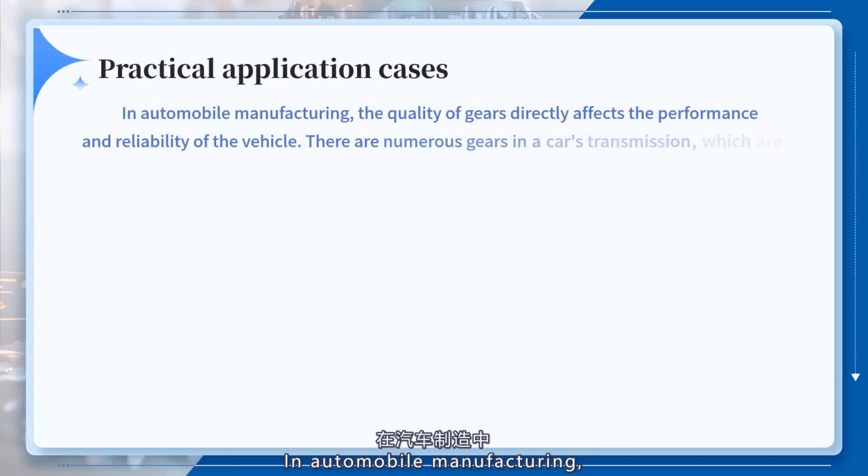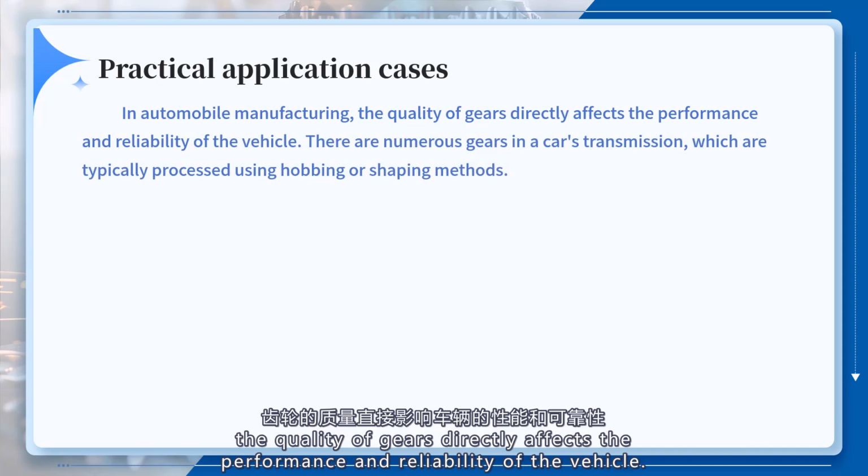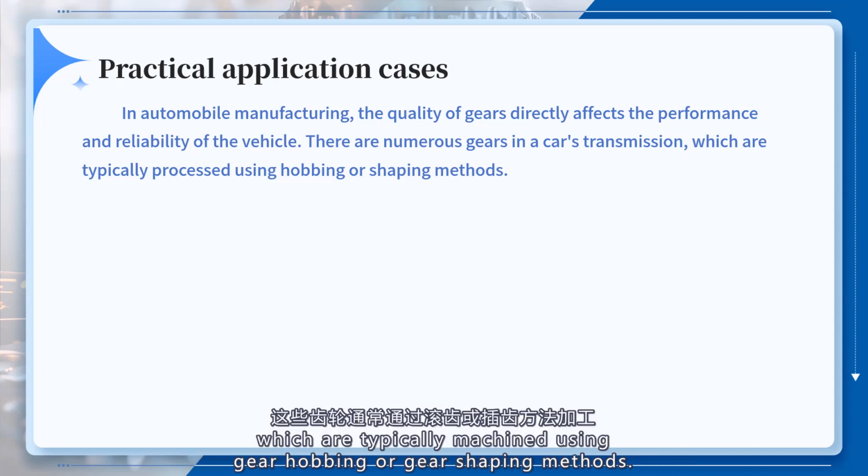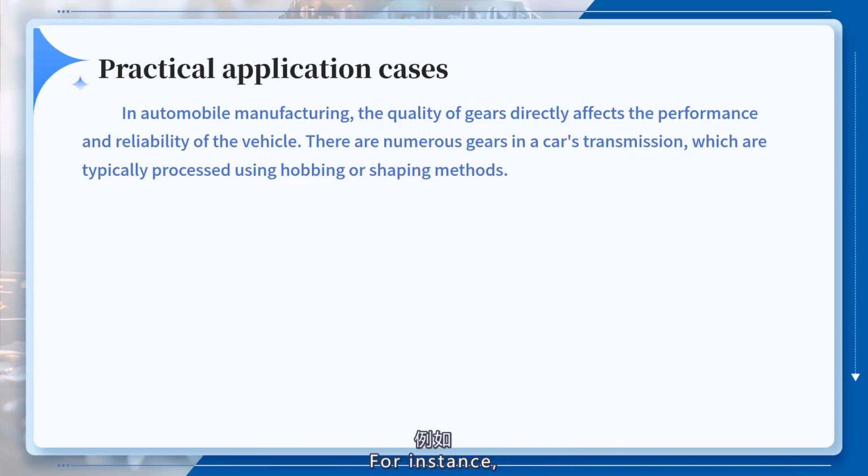In automobile manufacturing, the quality of gears directly affects the performance and reliability of the vehicle. The transmission of a car contains numerous gears, which are typically machined using gear hobbing or gear shaping methods.